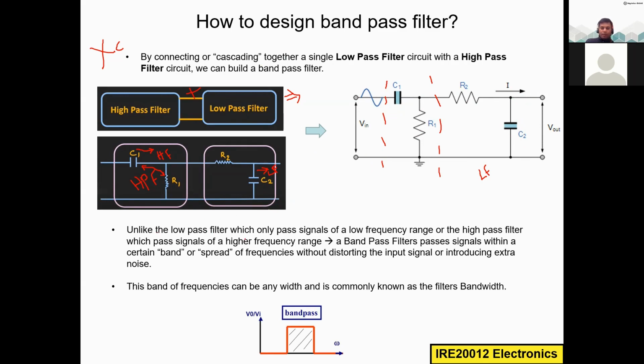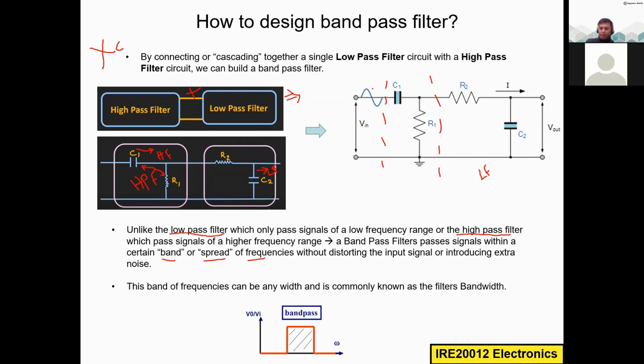So unlike the low pass filter, which only passes signals of a low frequency range, or the high pass filter, which passes only the high frequency range, that we know, what the low pass filter is doing, what the high pass filter is doing. Okay, so a band pass filter passes signals within a certain band or spread of frequencies without distorting the input signal or introducing extra noise.